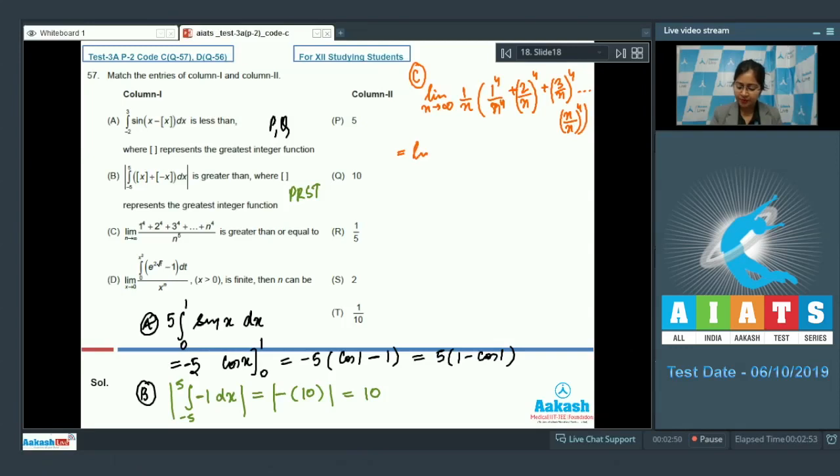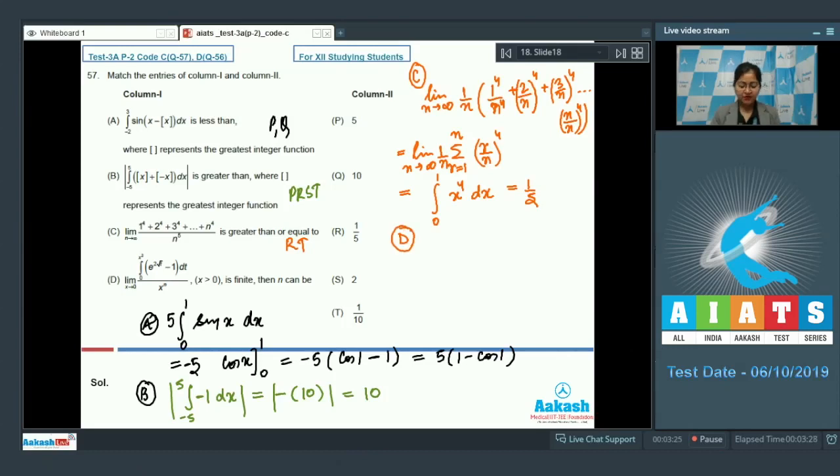So this is nothing but limit n tending to infinity summation r going from 1 to n, r by n raised to the power 4 into 1 by n. So this is equal to integral of x raised to the power 4 into dx from 0 to 1, that is equal to 1 by 5. So this is greater than or equal to 1 by 5 and 1 by 10. So answer is R and T.